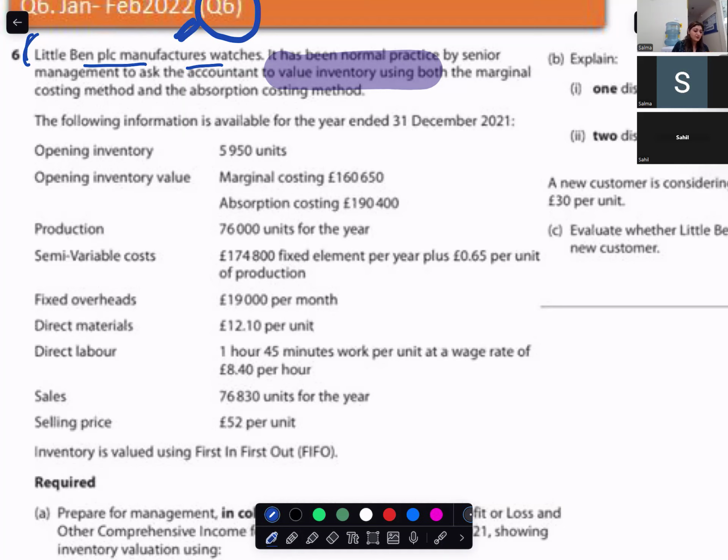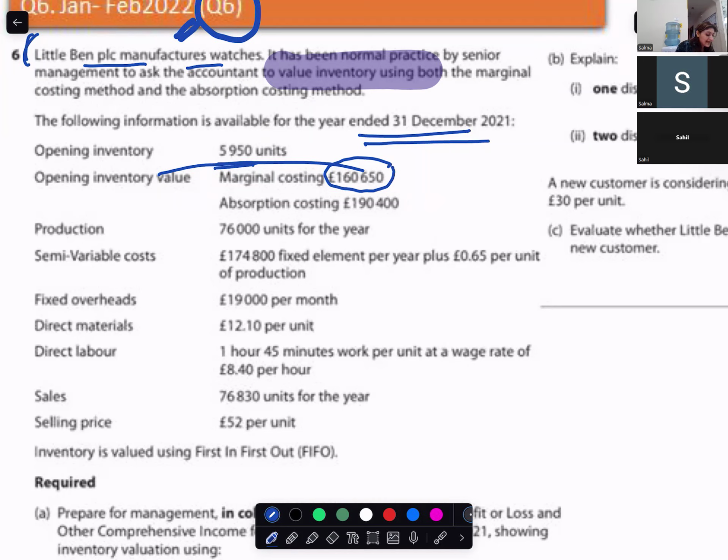So I have some information that is available for the year ended 31st December 21. They're saying that opening inventory is 5950 units, and they have already valued the inventory. As per marginal costing, opening inventory is valued at 160,650. Can you see that?